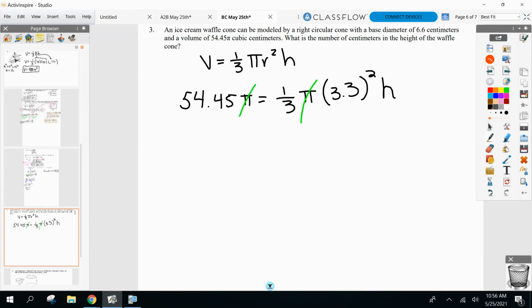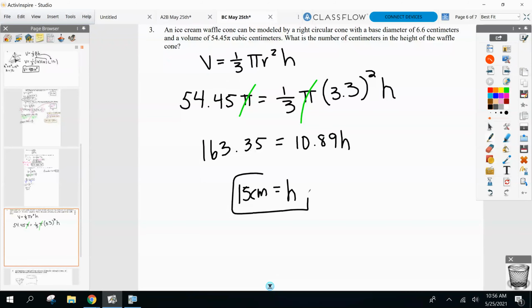I multiplied both sides by 3 and ended up with 163.35 equals 10.89, which is 3.3 squared, times h. And I got h to be 15. Did we find out what we did wrong there, Radika?